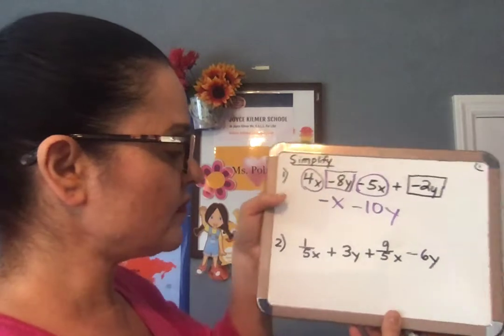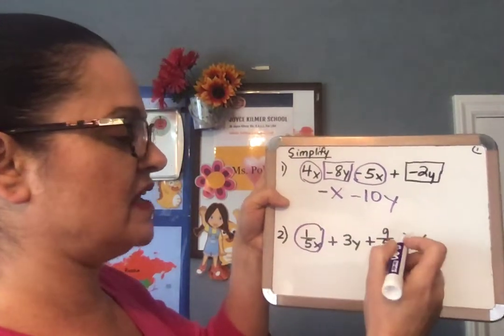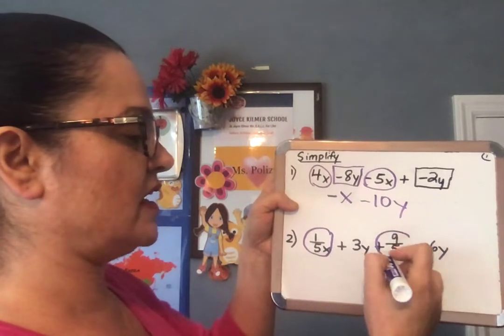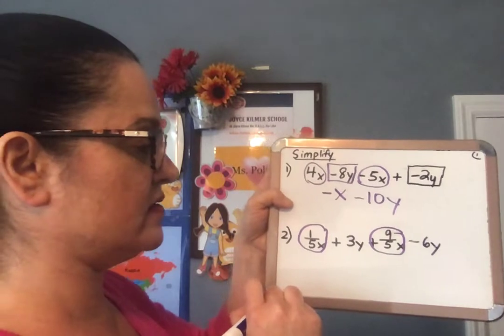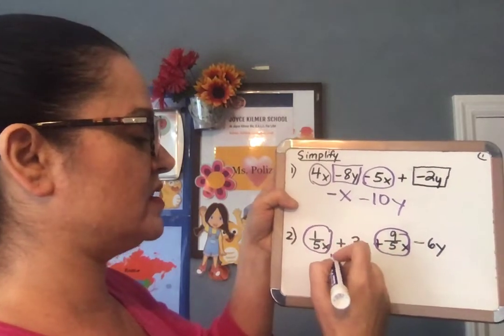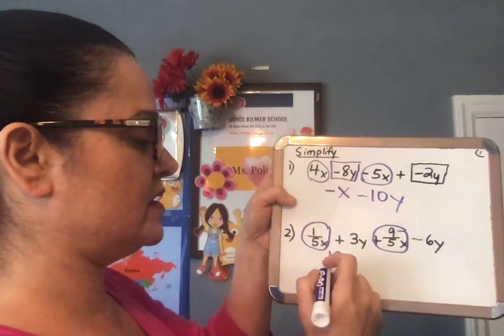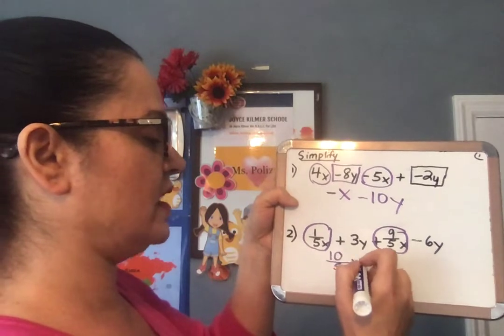Okay, so for number 2 we have a 1/5 x and a 9/5 x. Well, if we combine those, remember when we're adding fractions, we add the numerators. 1 plus 9 is 10, and we keep the denominator 5. So we have 10/5 x.